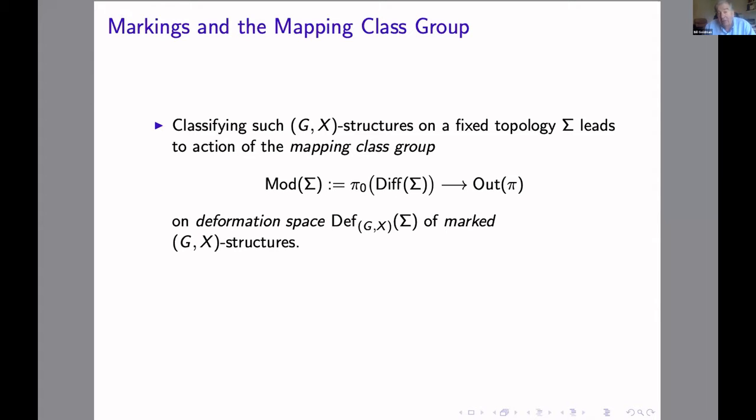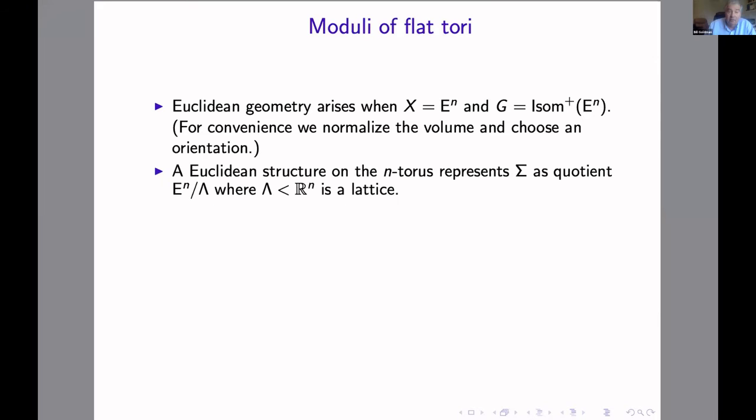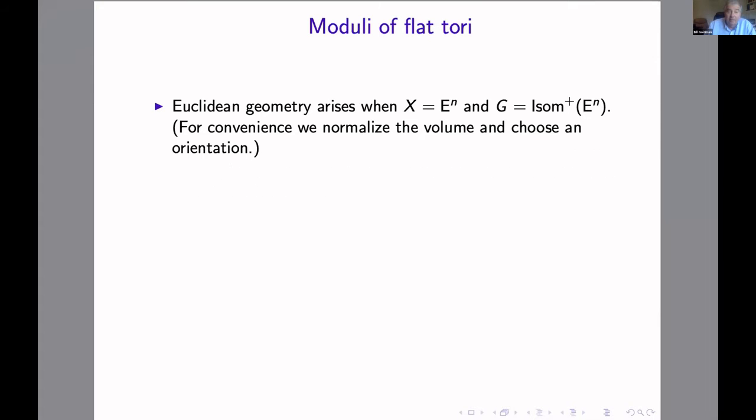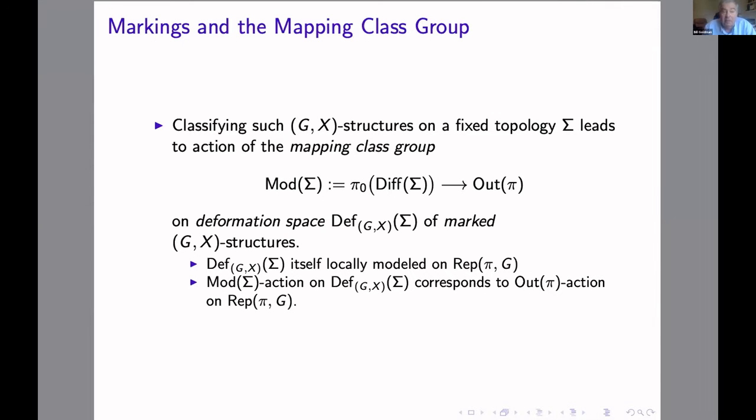So I want to fix a topological space, usually a manifold, say a real analytic or smooth manifold, and look at ways of modeling that manifold on a homogeneous space. So the example that I want to give, I'll come to this later, will be Euclidean space.